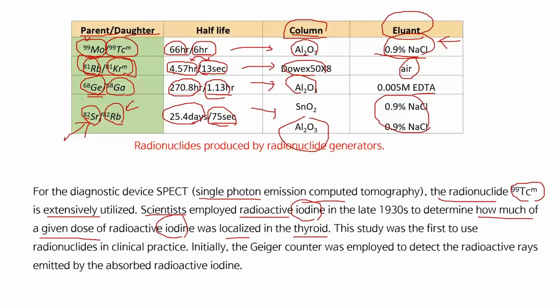This study was the first to use radionuclides in clinical practice. Initially, the Geiger counter was employed to detect the radioactive rays emitted by the observed radioactive iodine.